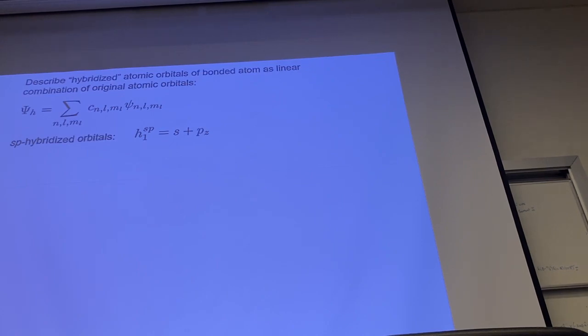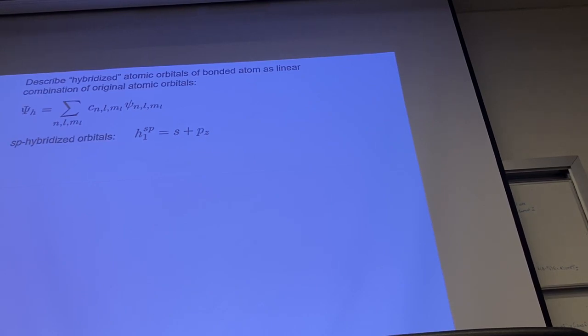Here is example number 1. I'm going to construct the well-known sp hybridized orbitals. What are they? Well, they are, of course, the new function I'm going to call h1 sp equals s plus pz.